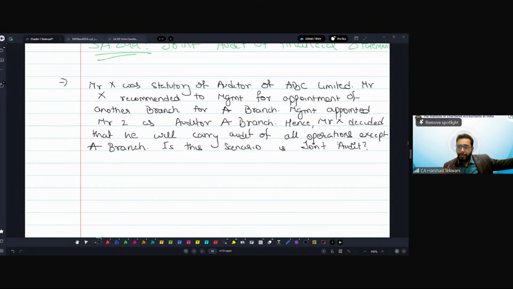All the branches will go with Mr. X except for A branch. In case of joint audit, it means joint audit of the financial statement as a whole. Whereas here Mr. Z is auditing only branch records, so he is not responsible for audit of the financial statement.